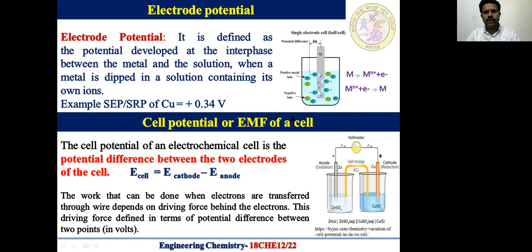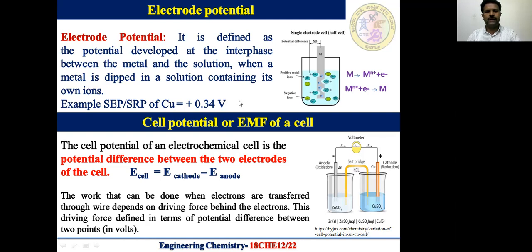So that means if we immerse copper metal into the solution containing copper 2+ ions of 1 molar concentration, and the temperature of the solution is 25 degrees Celsius or 298 Kelvin, then the electrode potential that develops at the interface between copper and copper 2+ ion solution is 0.34 volt.